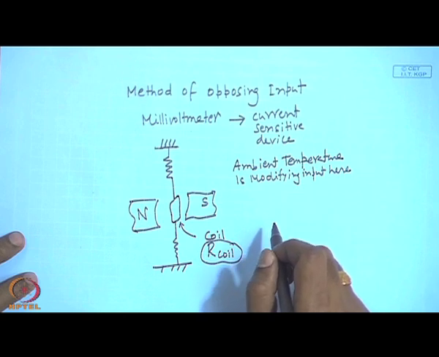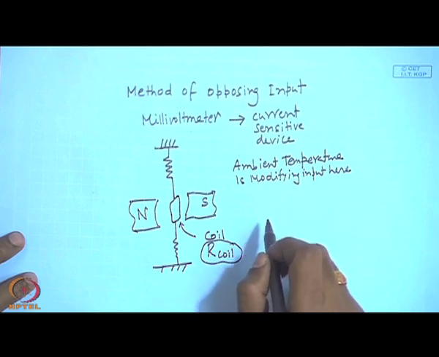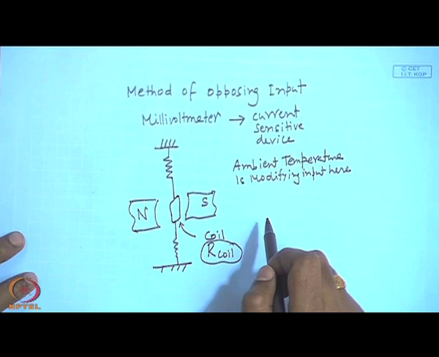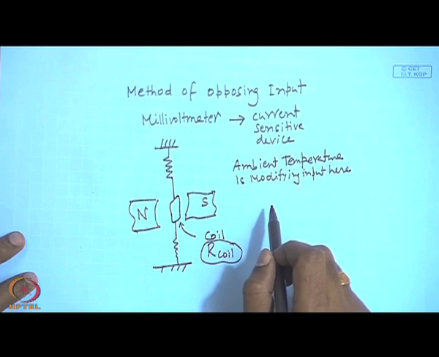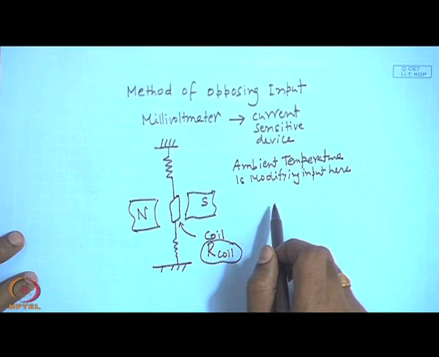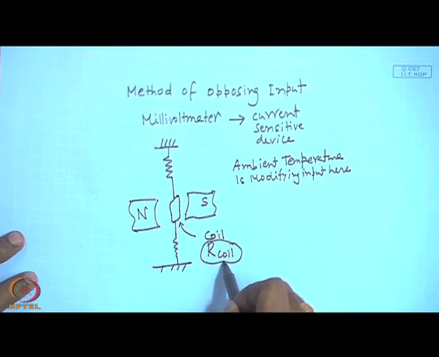So, how do I nullify the effect of ambient temperature? We can add another resistance into the circuit and its material is such that it has a temperature coefficient of resistance opposite to that of coil.